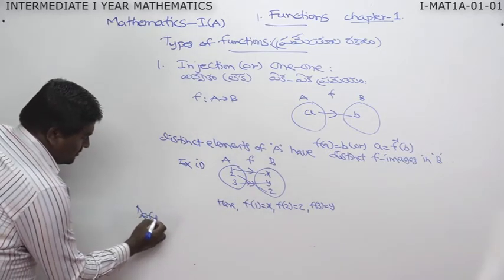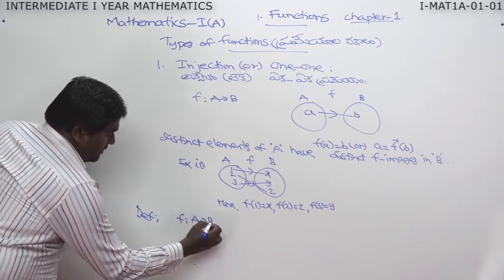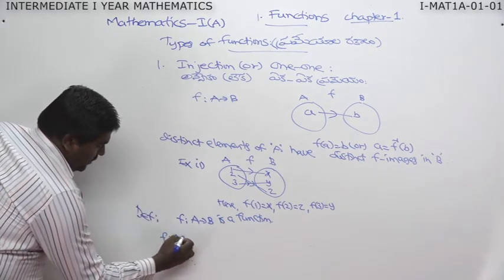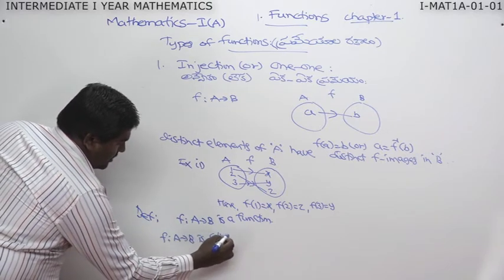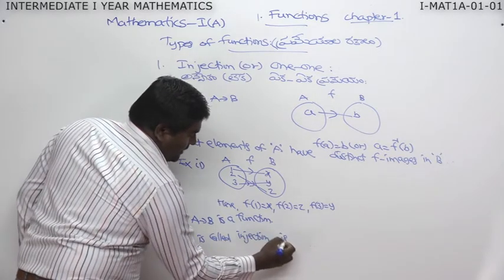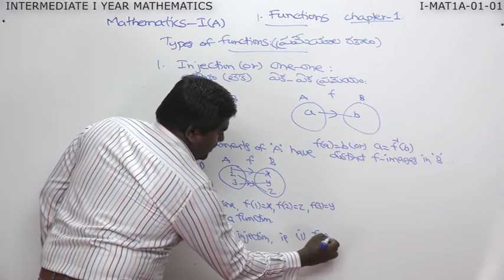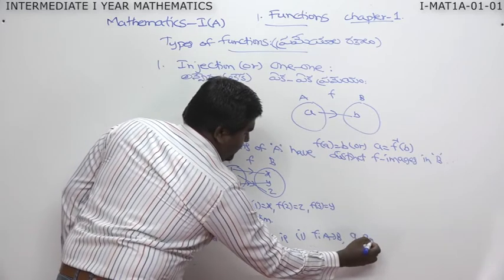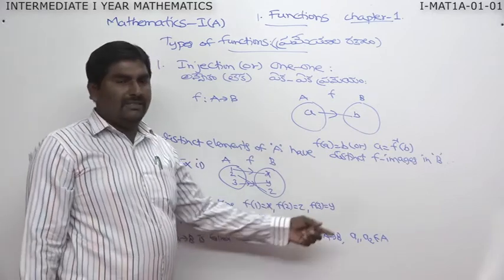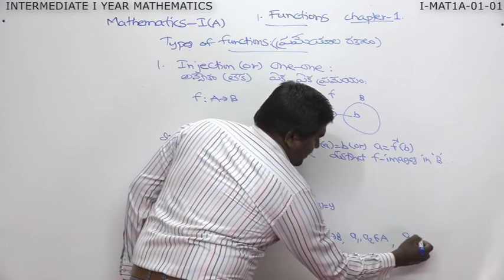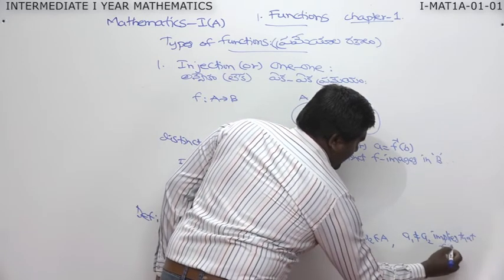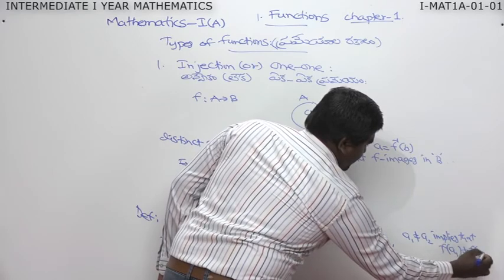Definition: f maps A to B is a function. f maps A to B is called an injection, that is, take two elements a1, a2 in the domain of f, that is, the set A. If a1 is not equal to a2 implies that f of a1 is not equal to f of a2.